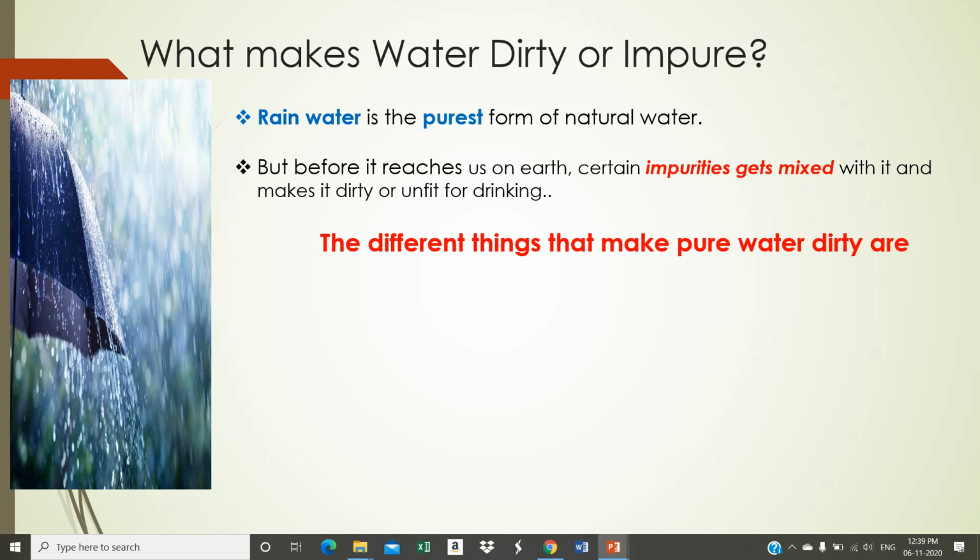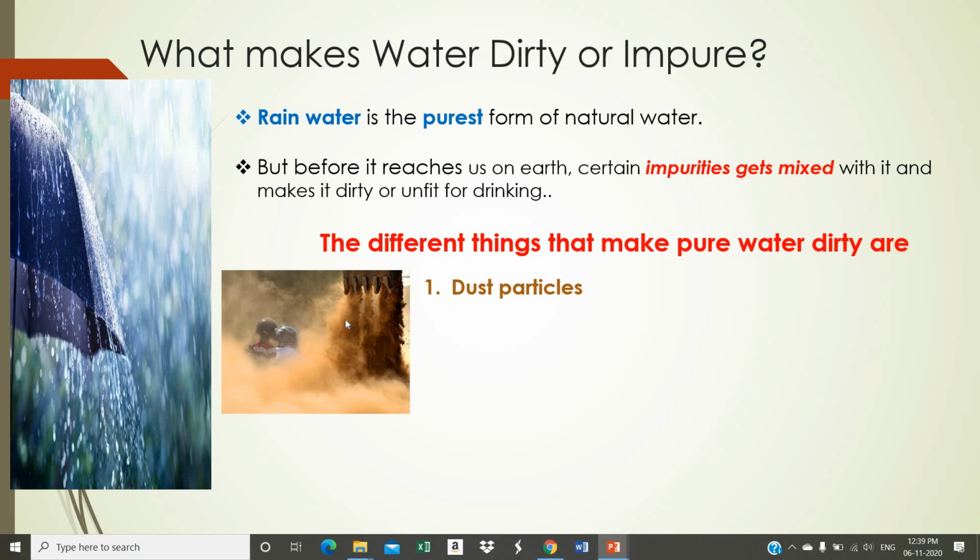Now let us see what are the different things that make this pure water dirty. So the first thing which makes this pure water dirty is dust particles. The dust particles which are there everywhere around us mix with the water and make the water dirty.